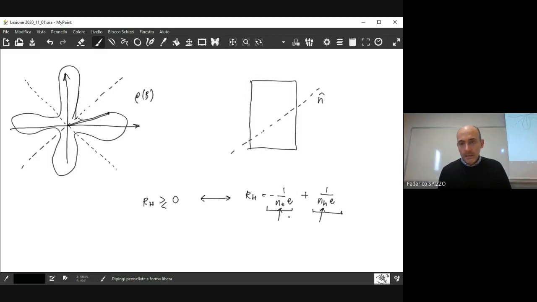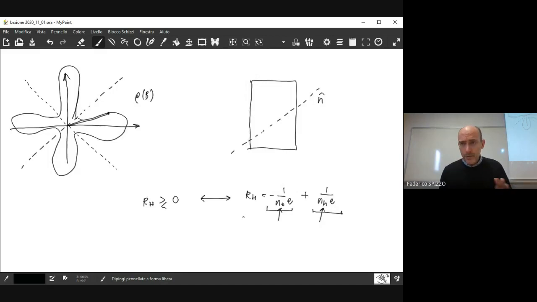So in this very simple representation, both the change in modulus and the change in sign can be explained somehow, making reference to the electronic band structure of the system.